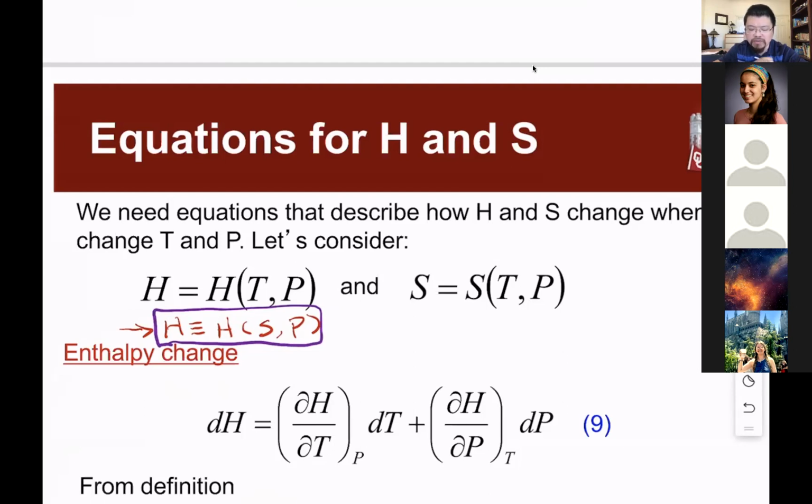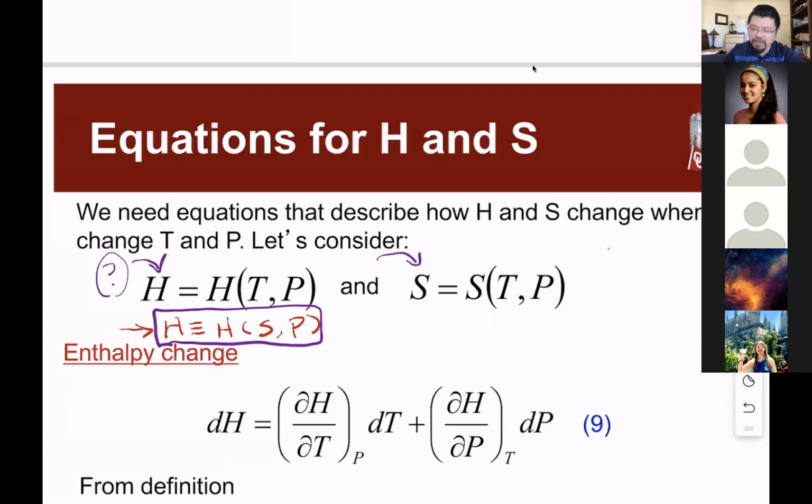So this is why we put forward the request: what if I want to express entropy as a function of temperature and pressure? Let's take a look at how we are going to express entropy itself as a function of temperature and pressure.